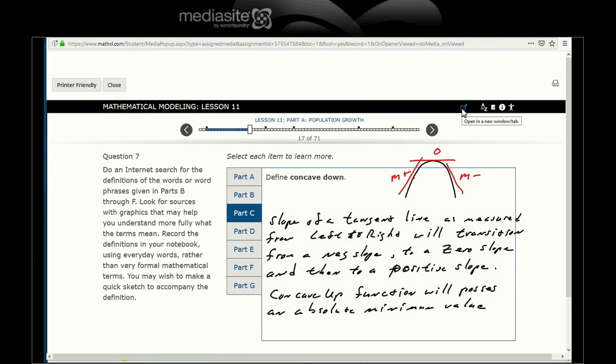Again, as you go left to right, the tangent line as measured from left to right will transition from a positive slope to 0 slope and then to a negative slope.